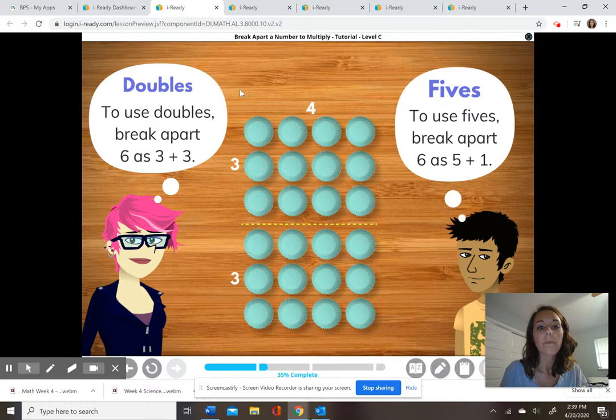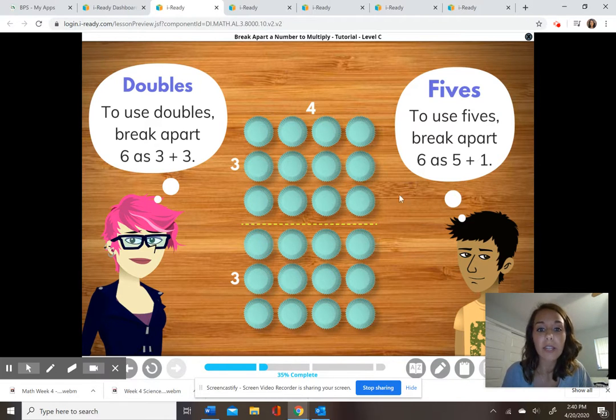I like this screenshot because it shows the two different ways. You have Sweet Tea over on the right who says, I like fives. So he knows his fives facts. He wants to break it apart into fives. He broke it so that he had 5 times 4, and then he added another 4. This girl, I forget her name, but she likes doubles.